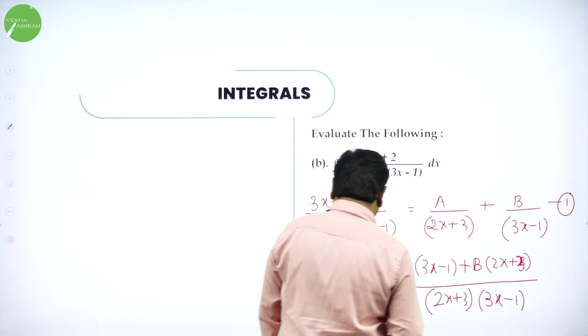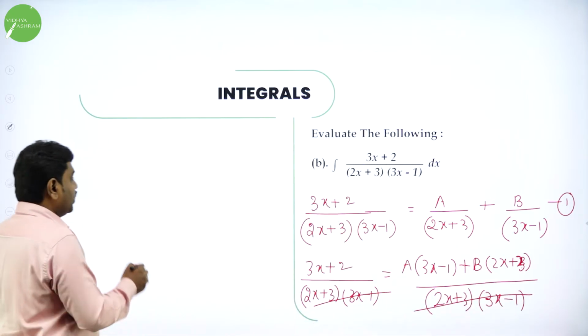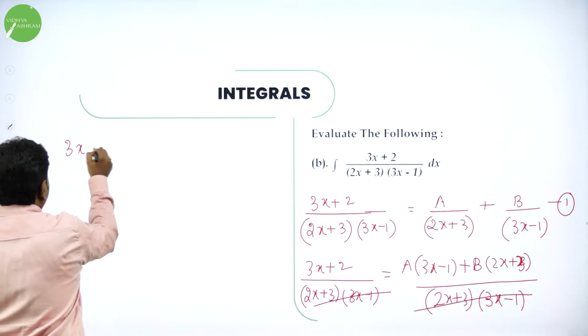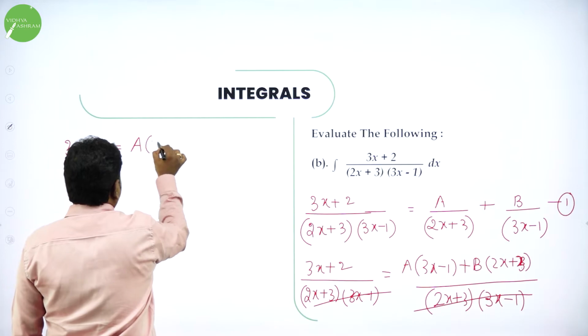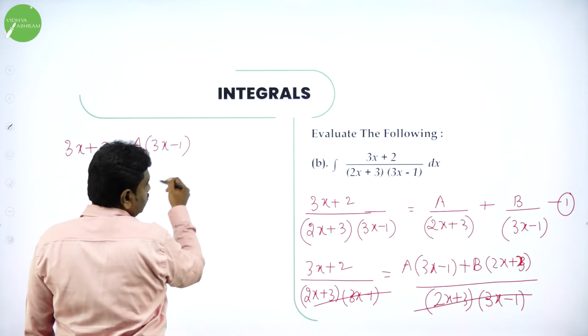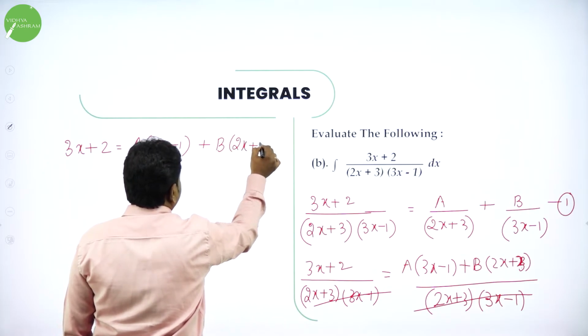So I can cancel the denominators and equate the numerators. If you equate numerators, we'll have 3x plus 2 is equal to A into (3x minus 1) plus B into (2x plus 3). Call it equation 2.